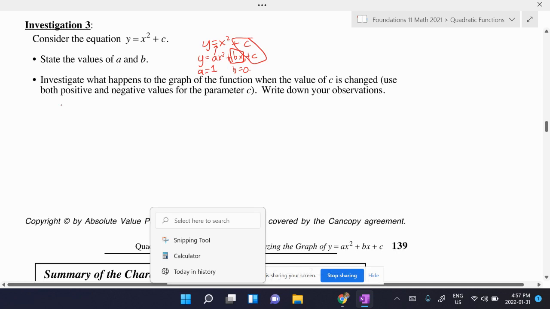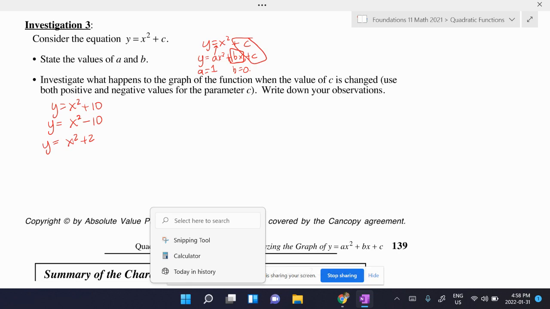All right, so the same thing here. I want you to put into your calculator y equals x squared plus 10, y equals x squared minus 10, y equals x squared plus 2. Pause me and have a look and see if you can figure out what's going on there.